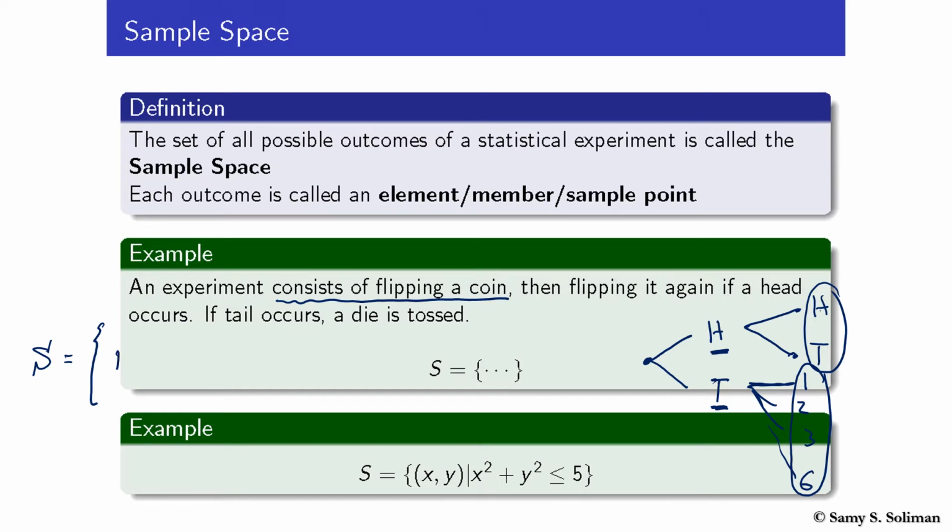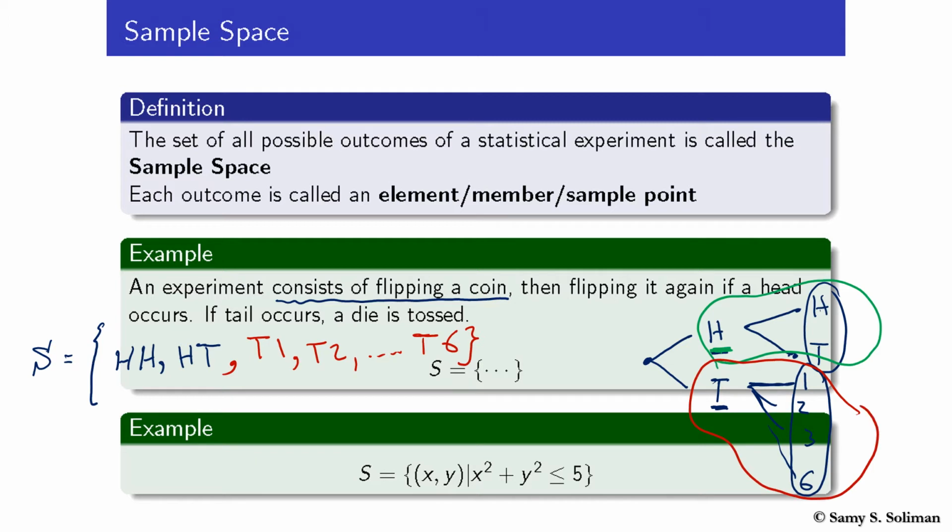In this case, we have head, head, or head, tail, because these are the two outcomes related to the first outcome of the experiment being head, and then the remaining elements are tail and 1, tail and 2, and so on till tail and 6, which represent the outcome of the experiment in the second case, where the first coin flip is tail and then we roll a die.